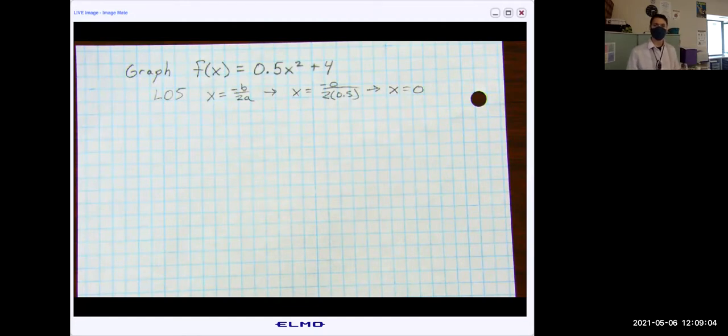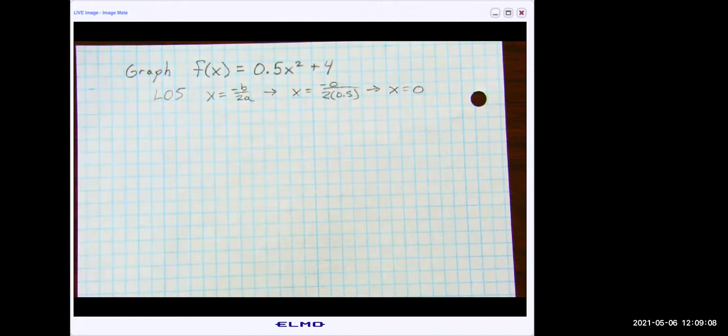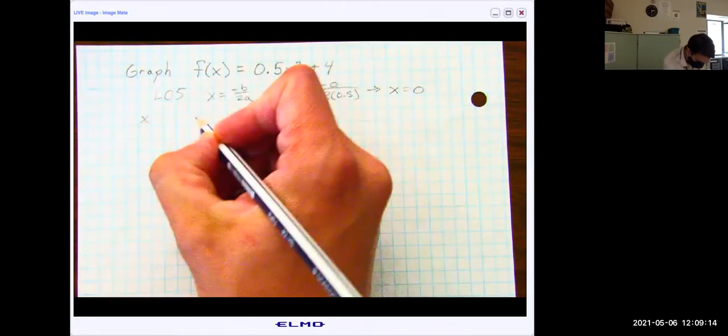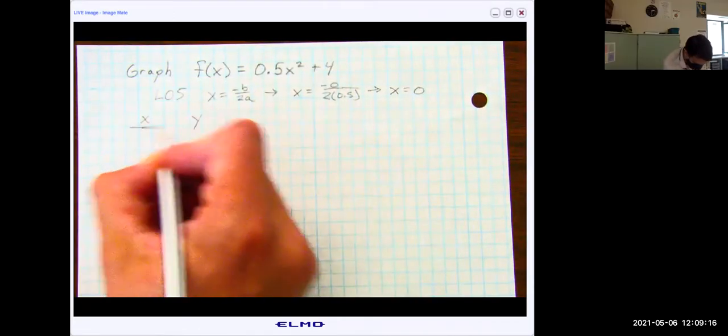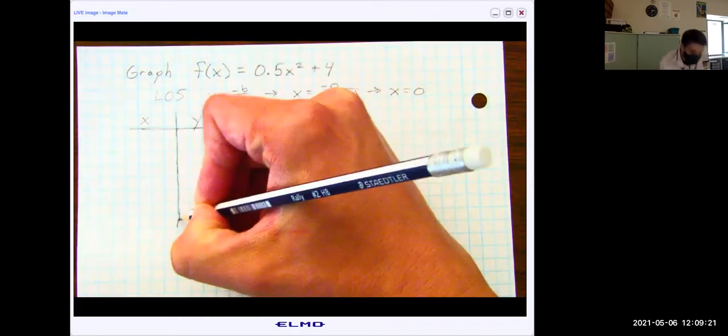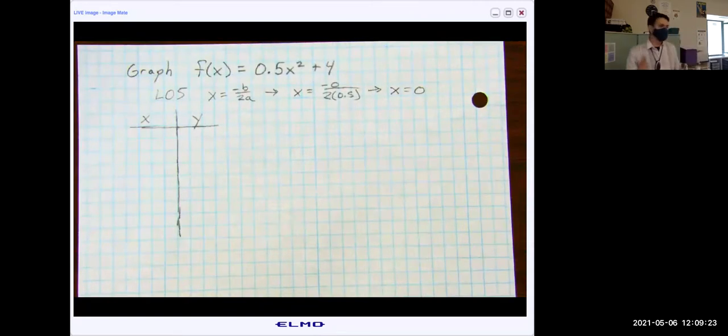What's your next step in graphing? Make a table. Yep, make your XY table. And we need to use the LOS to help us make the table.